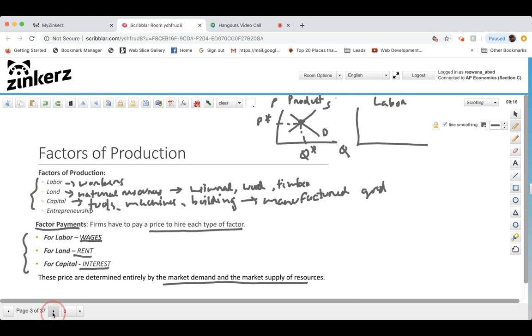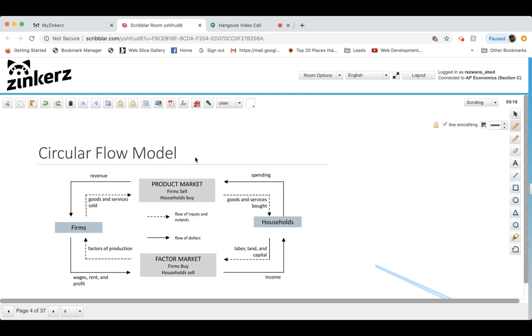Okay, so let's talk a little bit about the circular flow model. We talked about this way in the beginning when we started microeconomics. We were trying to understand how modeling works in economics, and I briefly talked to you guys about the circular flow model. So the circular flow model has two different entities. There are firms or businesses, and then there are households.